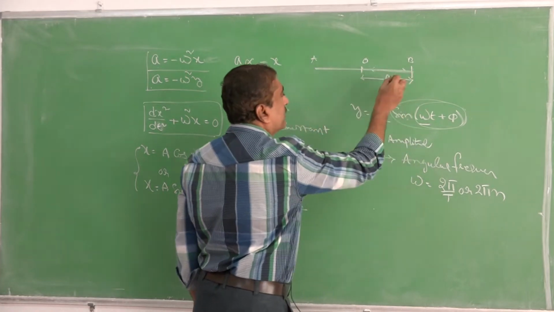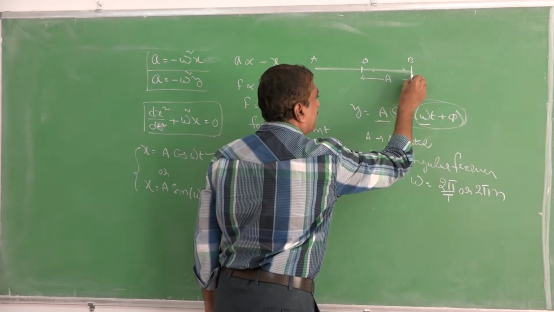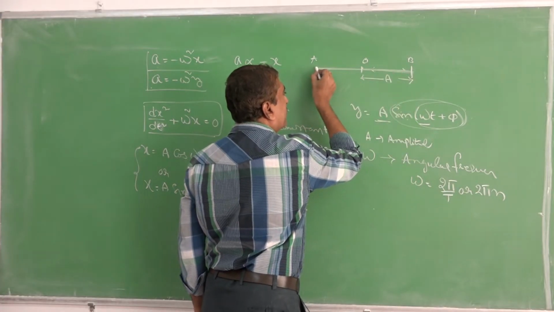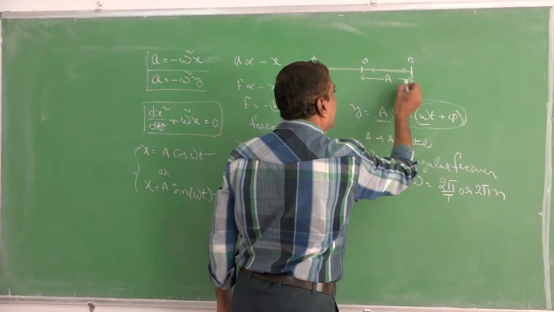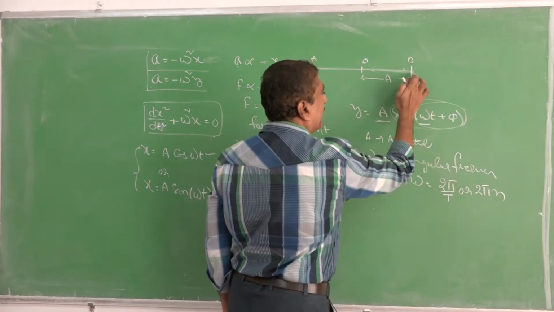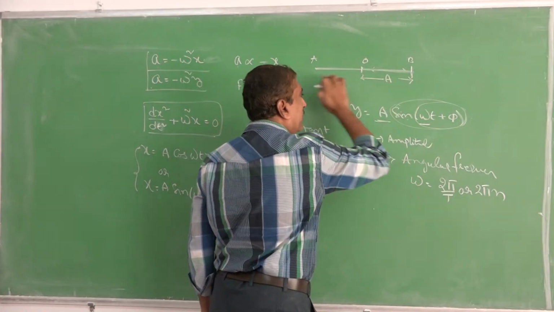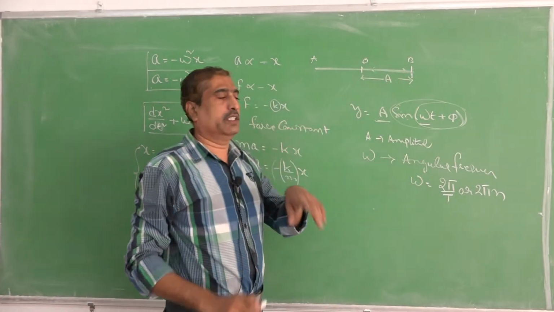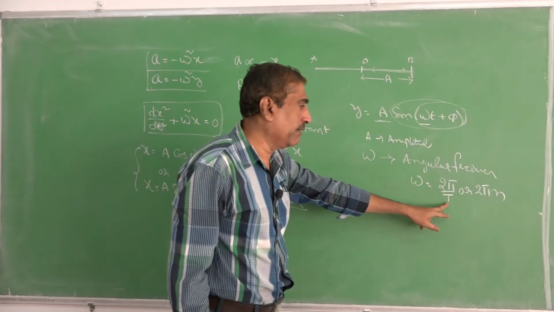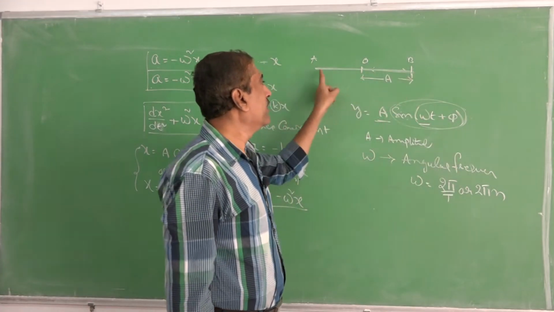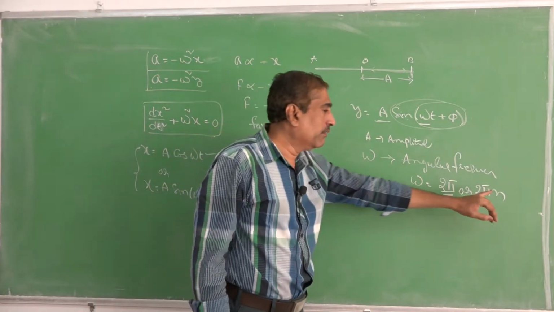That means the time taken to complete one oscillation. Suppose we start from here, the particle moves from B to A and again A to B. The time taken to complete this whole journey is called the time period. The total journey from B to A and back to B is called one oscillation. So the time taken for one complete oscillation is called the time period T, and the number of oscillations made in unit time is called frequency n.